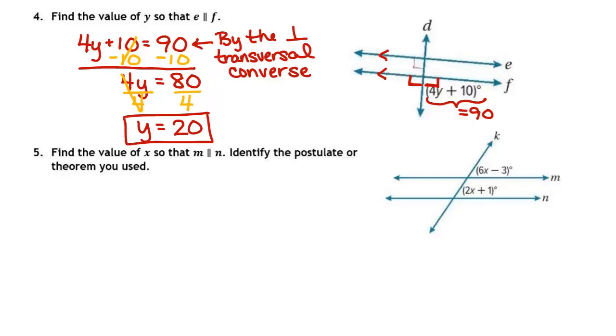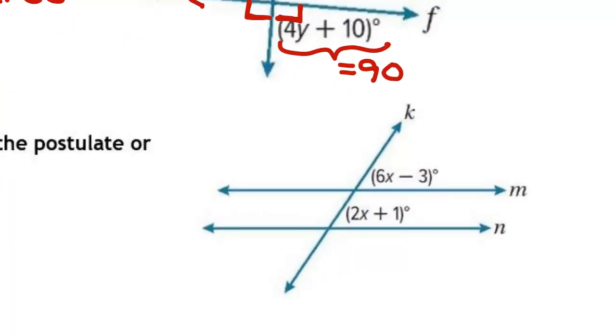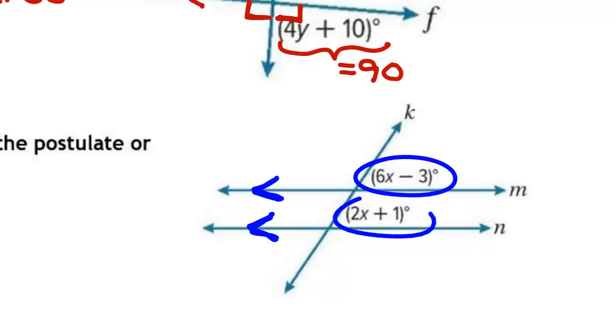Let's look at number 5. Find the value of x so that line M is parallel to line N. Well, if these two lines are parallel, then what would that mean about these two angles? What kind of angles are those?